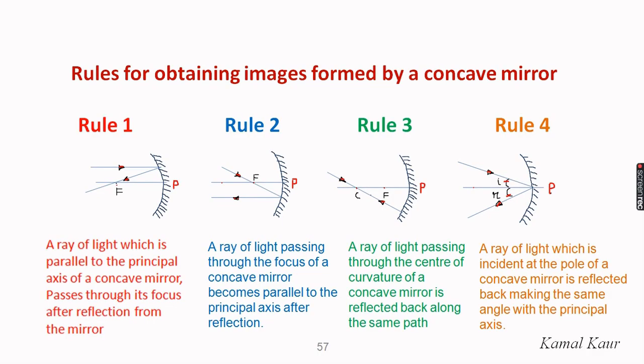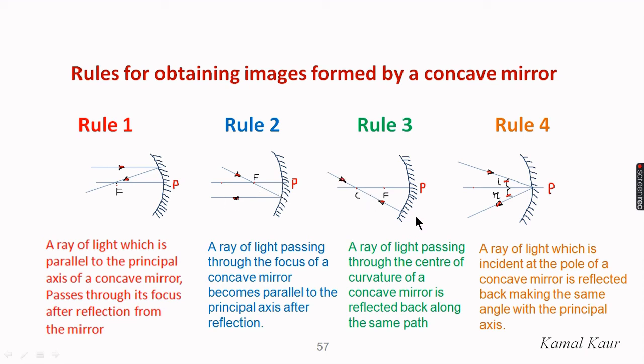Let's see these rules once again. Rule 1. A ray of light which is parallel to the principal axis passes through its focus after reflection from the mirror. Rule 2. A ray of light passing through the focus of a concave mirror becomes parallel to the principal axis after reflection. Rule 3.